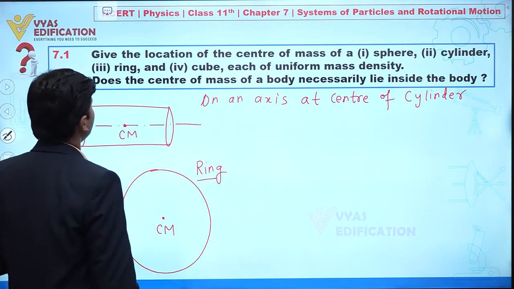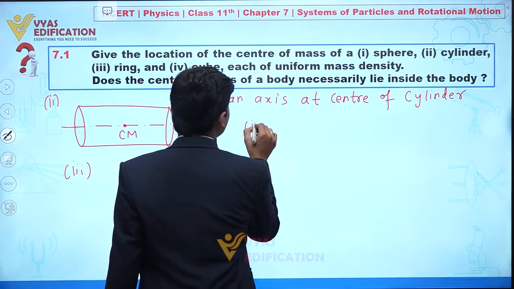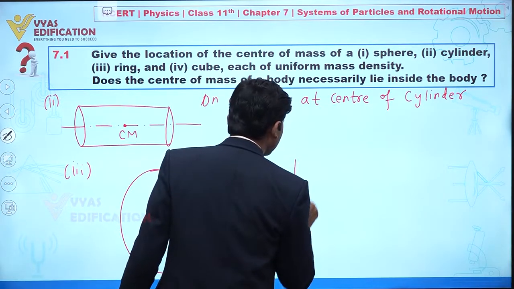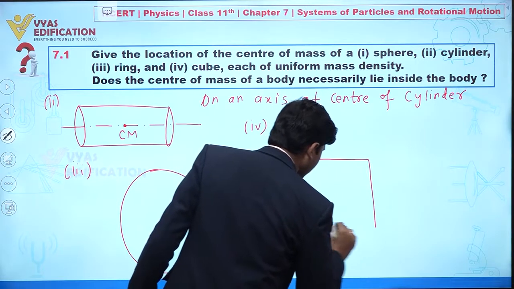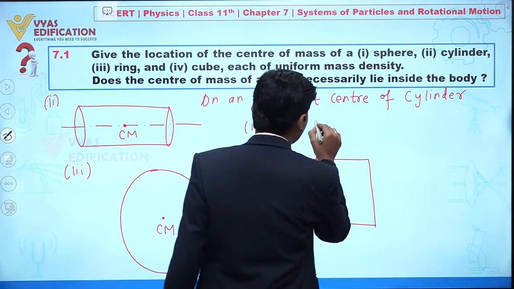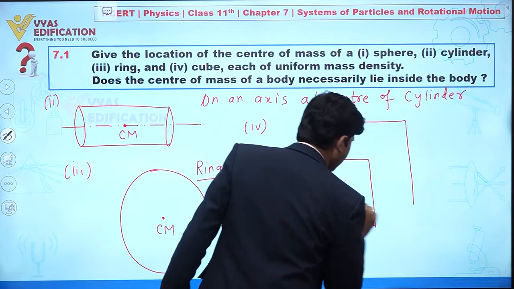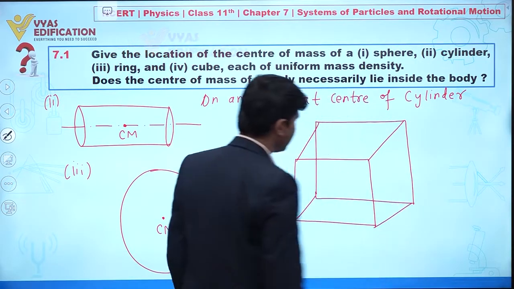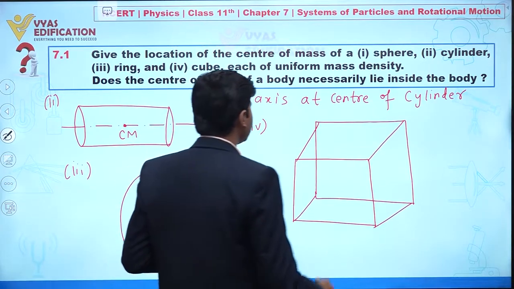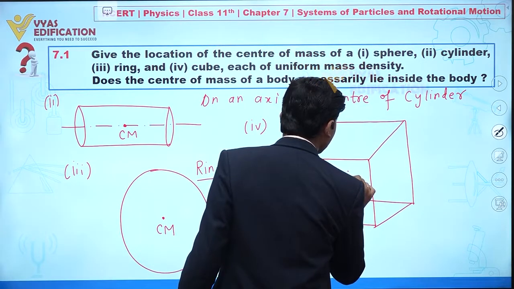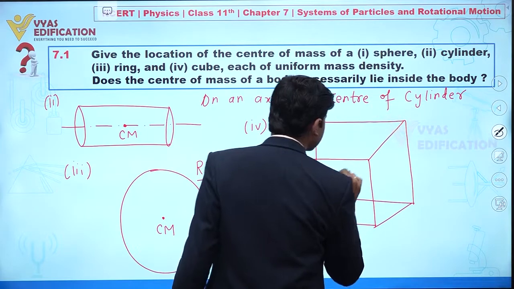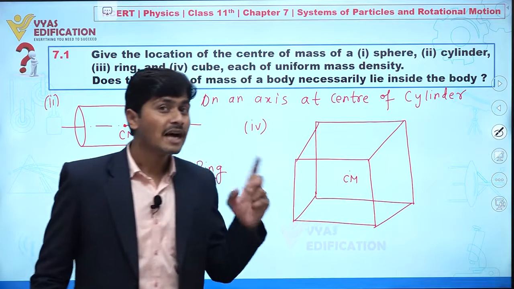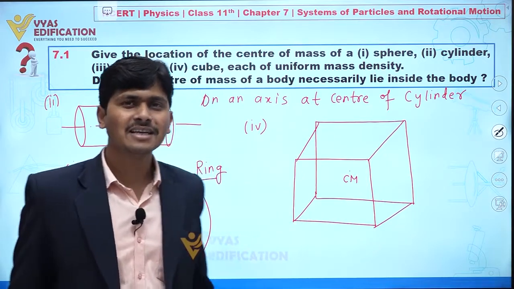Now if I talk about the cube, where do we find the center of mass? Let's suppose I am drawing a cube here. Now we know the center of mass lies at this point. This is the center of mass. We can say we find the position of the center of mass at the intersection of the diagonals of this cube.